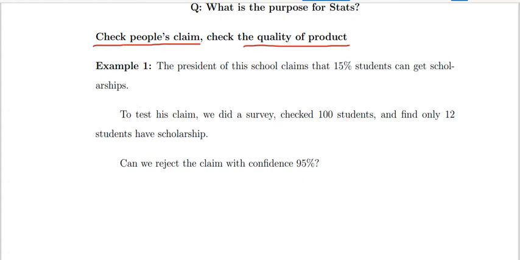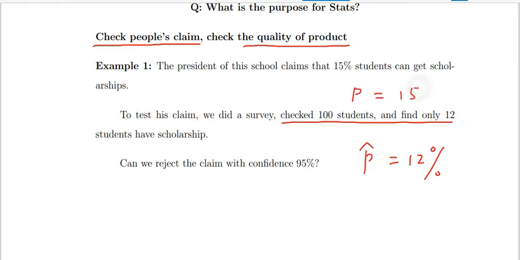So from our sample, this percentage is only 12%, but the claim is 15%. So we have evidence that it seems like their claim is not so true. But we need to test this. When we make a decision, we need some good reason. So the question is, can we reject the claim, or should we accept the claim?